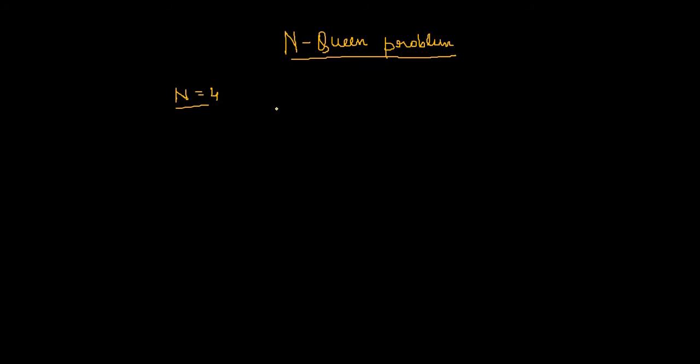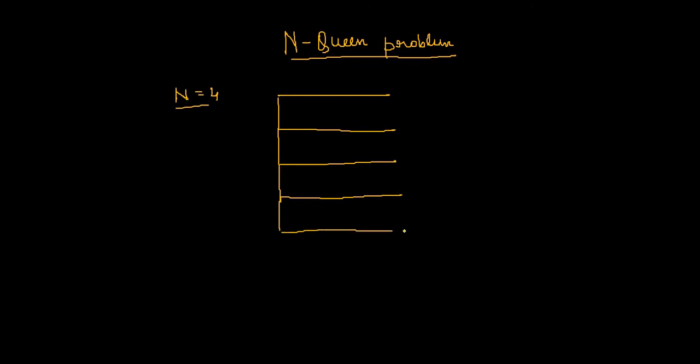And you know how the palace looks. The structure of the palace looks something like a square, something like this. So it has 4 different wings, and each and every wing contains 4 rooms.